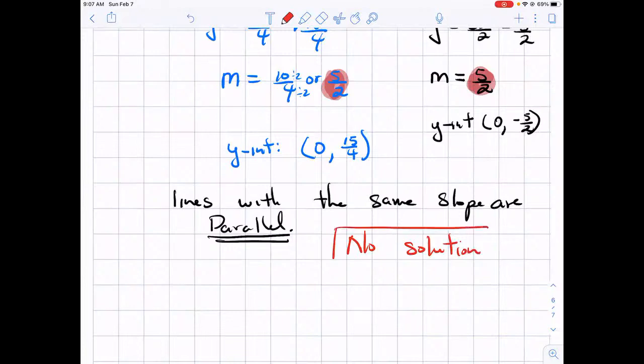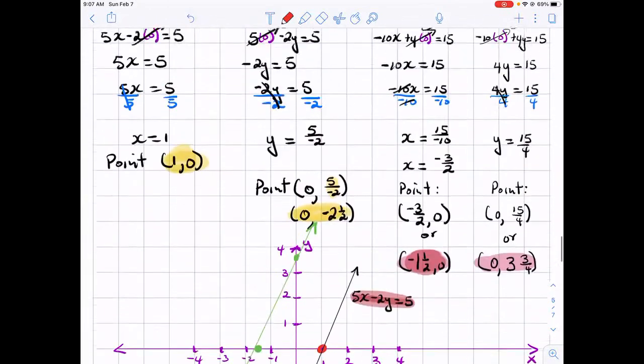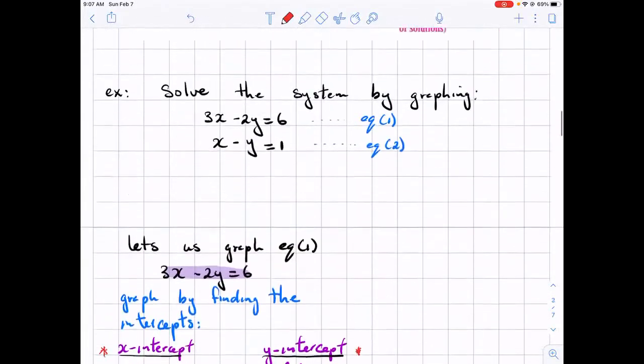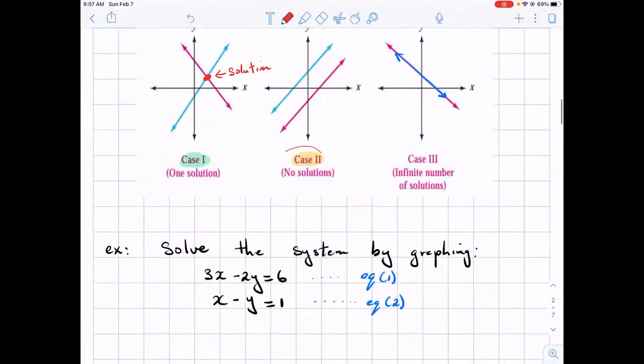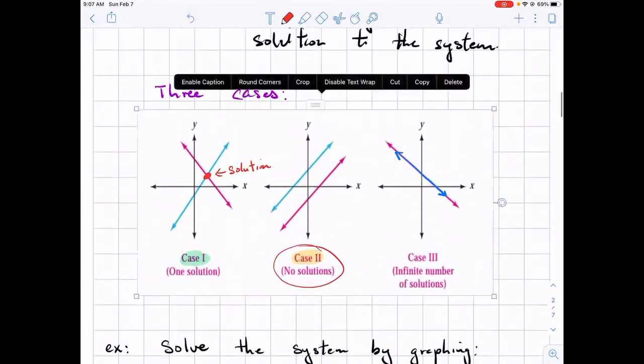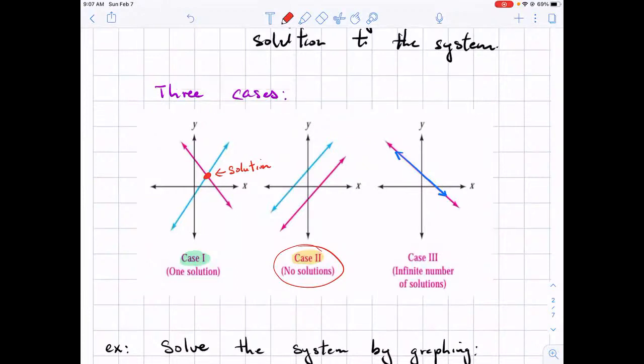And I know this once again because if you remember when we first started, I gave you 3 scenarios, including when they're parallel. So we have looked at case 1 and case 2, and you could try problems on case 3 with graphing.